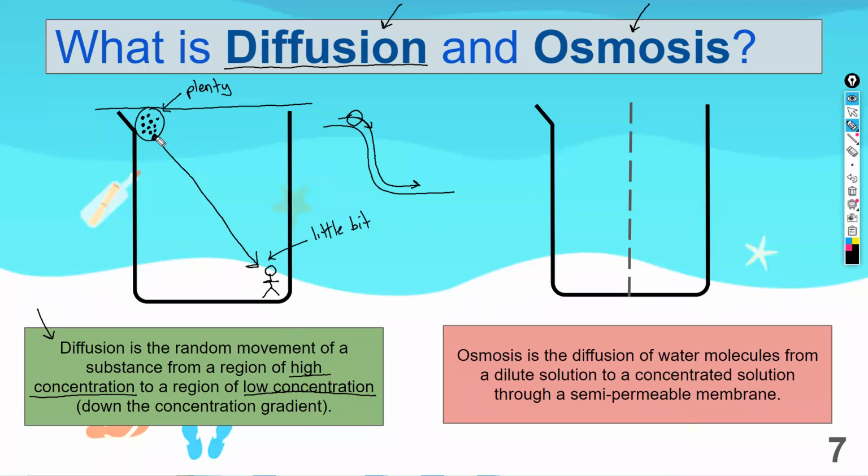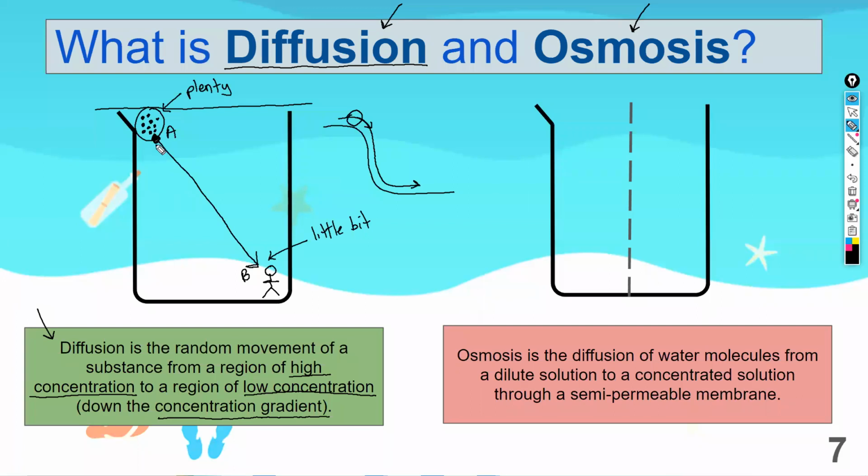I want to use another technical word. You notice it moving in this direction from point A to point B. Well, I'm going to say it in a very low tech way. I could say, hey, it's moving downwards or it's moving that way. The direction it is moving is called the concentration gradient.